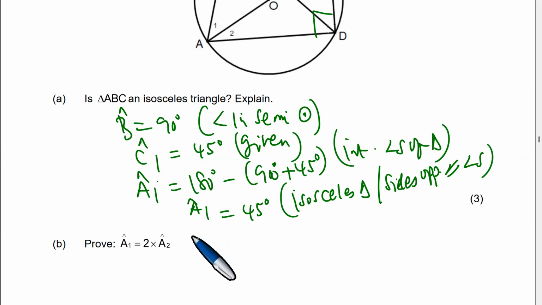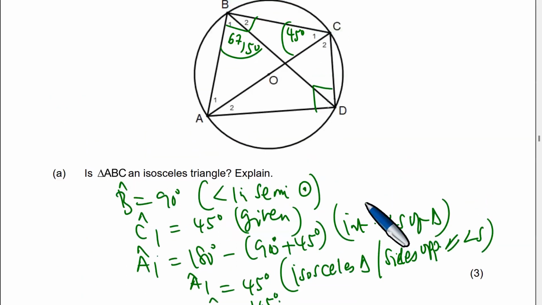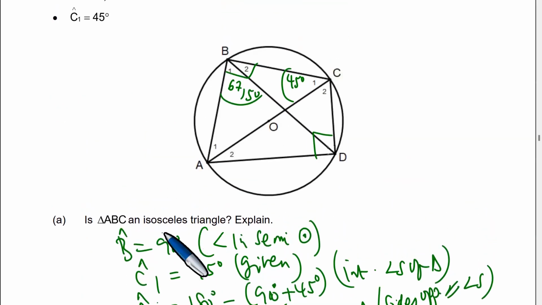So what we're effectively saying here is that angle A1 is 45 degrees, so the triangle ABC is isosceles, because we have seen that this one is also 45 degrees. So isosceles means the triangle ABC has two adjacent sides equal to each other. Next question.